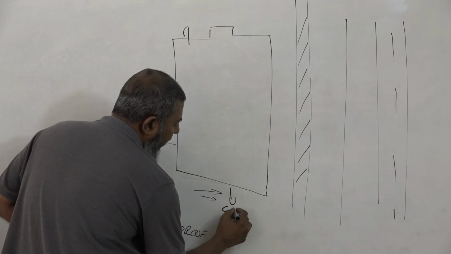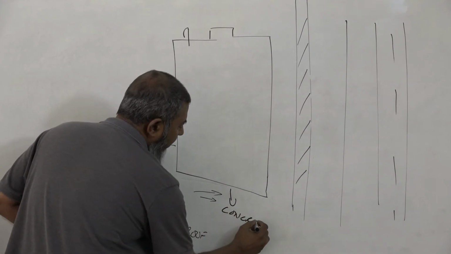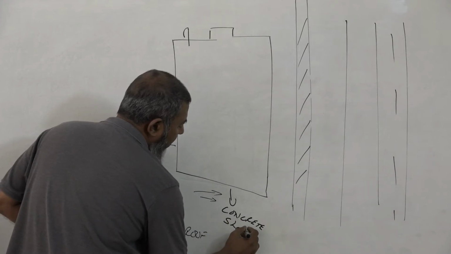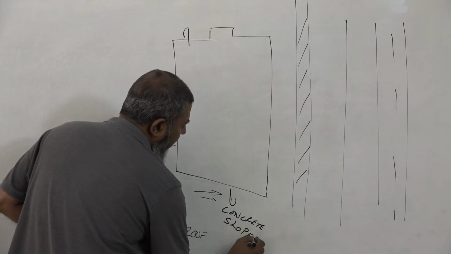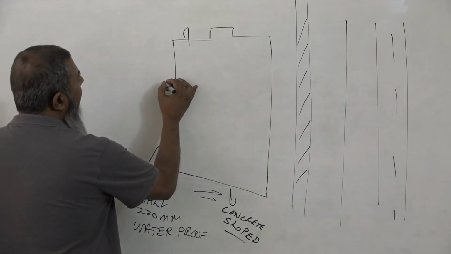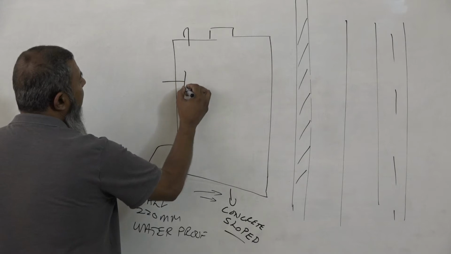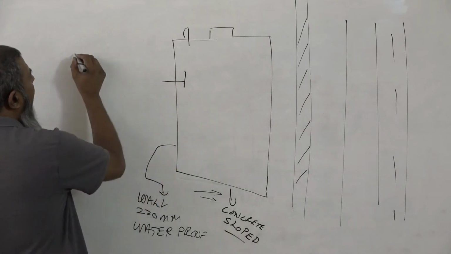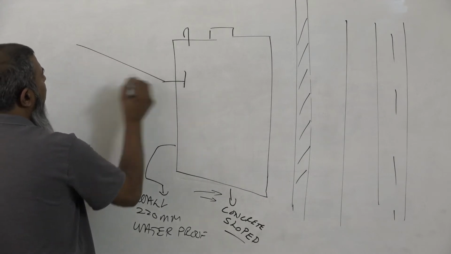Your floor is concrete and is sloped. Again, 110 mm pipe coming into the tank with a T-piece. Effluents from our house or sewage coming in.